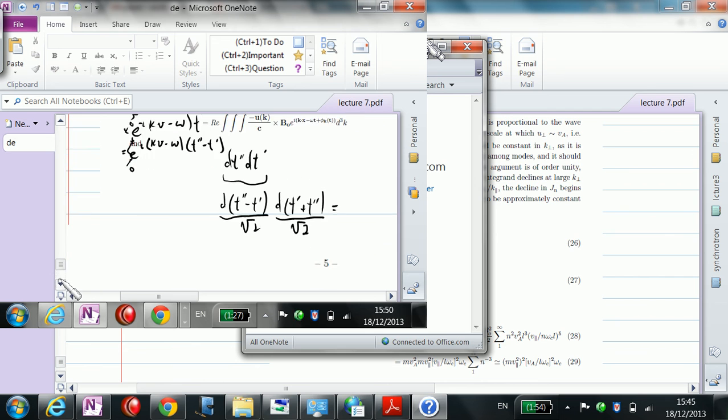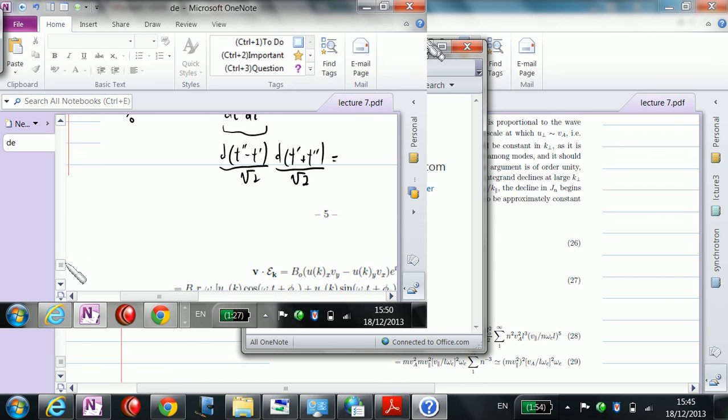And the third one also 0 to t. So the integral from 0 to t of dt. Shouldn't be 2t or t. No, no, yeah, actually it should be 2t. But I'm going to divide it by the square root of 2 squared.